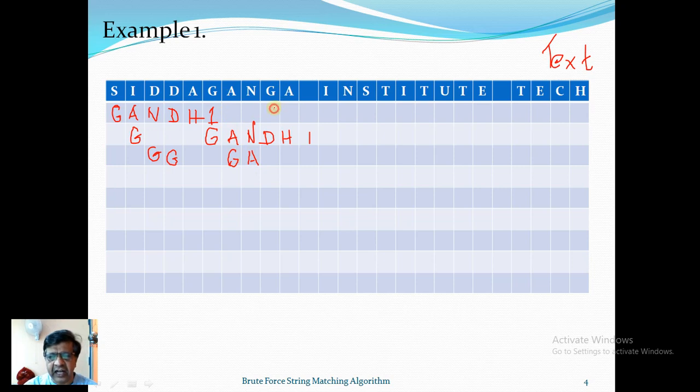Here again the algorithm should be careful, because G comes over here, A is there, and N comes over here, aligned with respect to the space in the text. Therefore, first comparison, second comparison, third comparison. The third comparison fails. Once again, G will come and sit over here. The algorithm moves the pattern character by character.